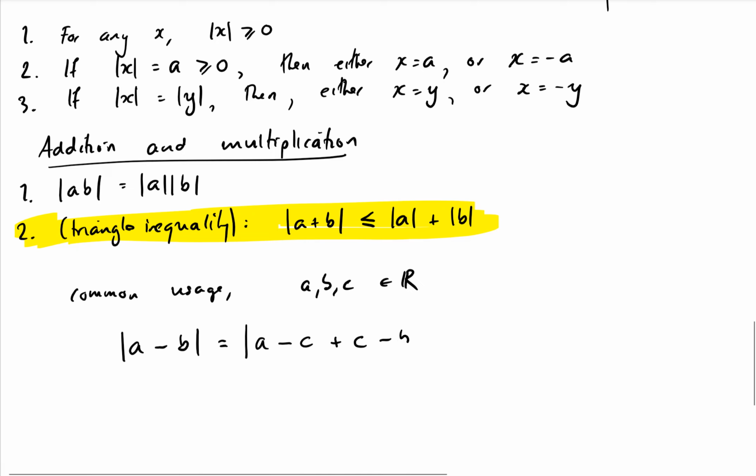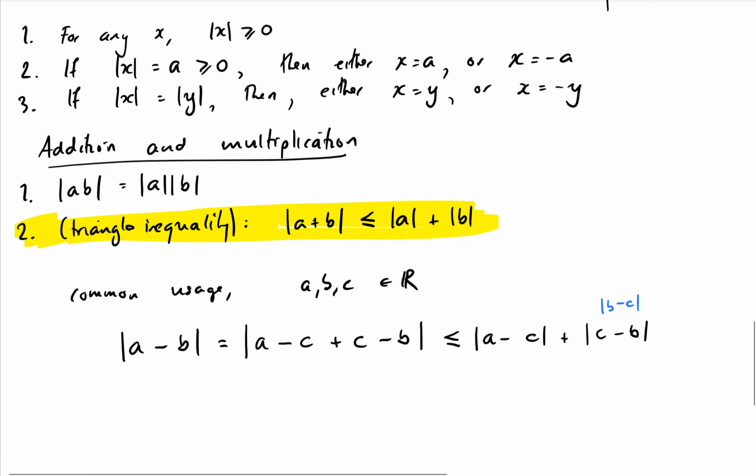Minus B. And now I'll use the triangle inequality to break that up into two pieces. The absolute value of A minus C plus the absolute value of C minus B. Notice the absolute value of C minus B is also the absolute value of B minus C. It's the same thing. Multiplying by -1 and using the multiplication property will show us that that's the case.